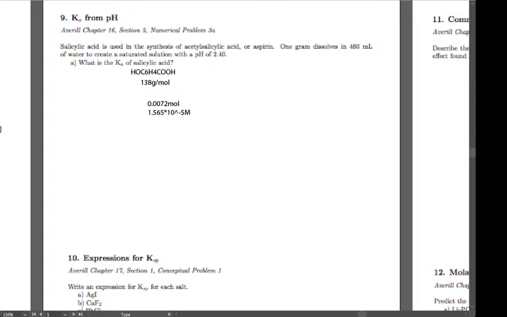And then, by the way, this would dissociate into HOC6H4COO minus plus H plus.